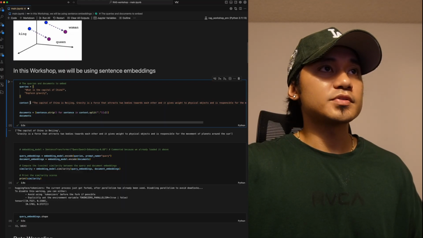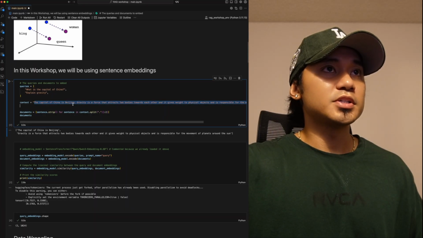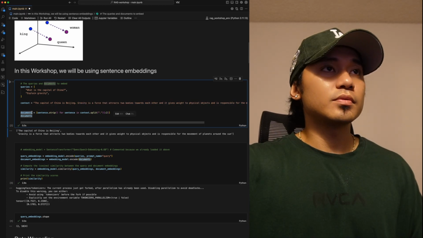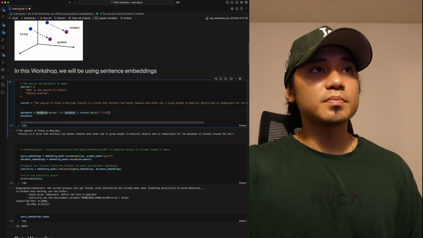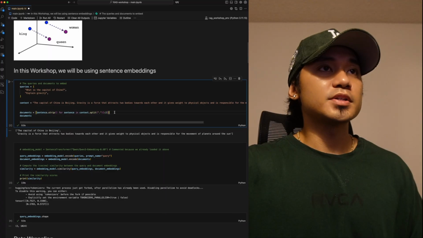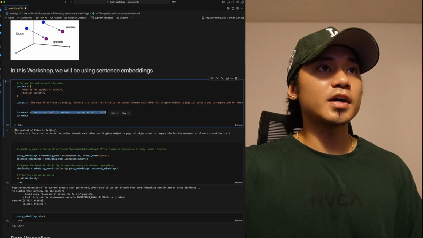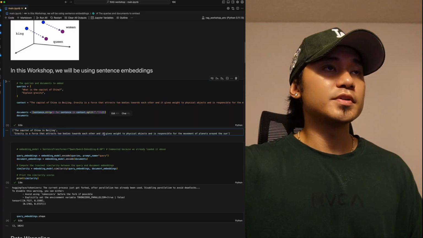And I have some context, which is the capital of China is Beijing, and gravity is a force that attracts two bodies, blah, blah, blah. So the first thing that we need to do is split up these documents into individual sentences. And that's what this line of code is doing here. So now I have an array of size 2 of this context.